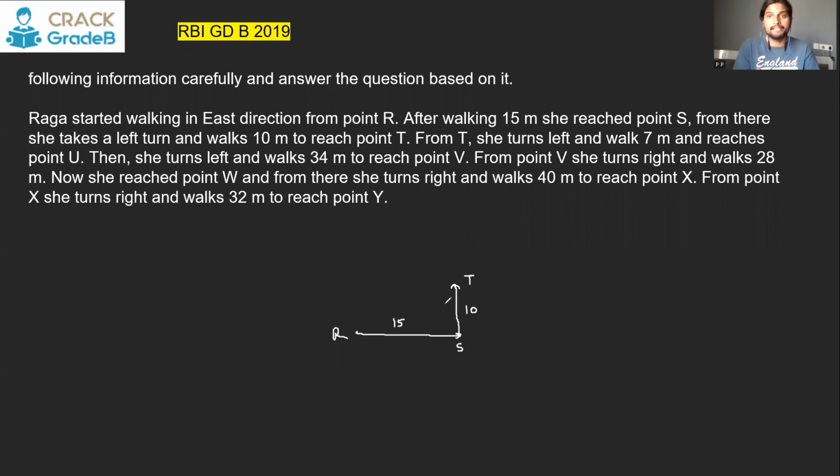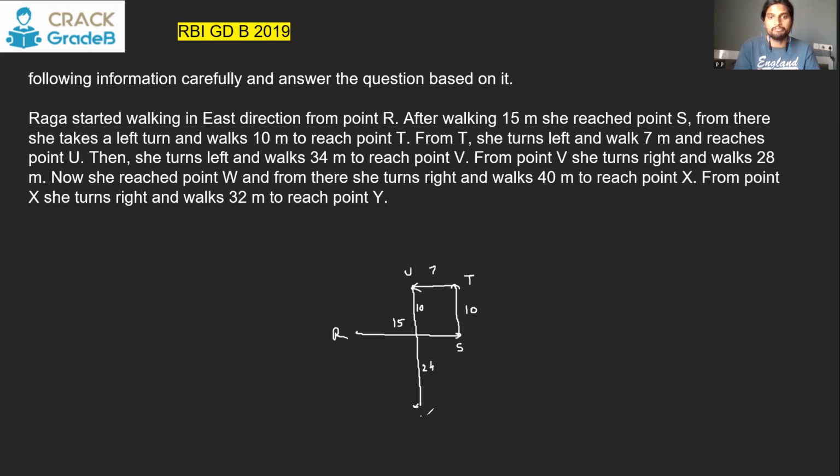She then turns left and walks 7. So goes 7 at this point and reaches point U. This point is U. Then turns left. Left means down. So if she is going down 34, so this 10 is already there, extra 24 she will go. This distance will be 10. This distance will be then 24.